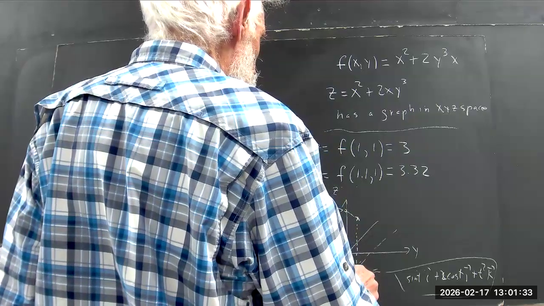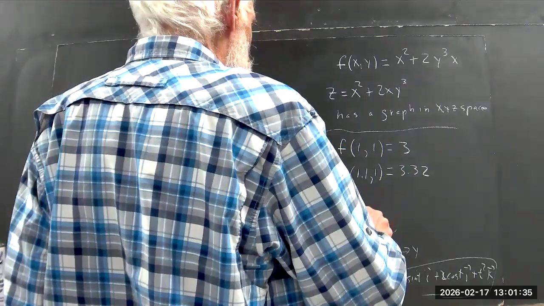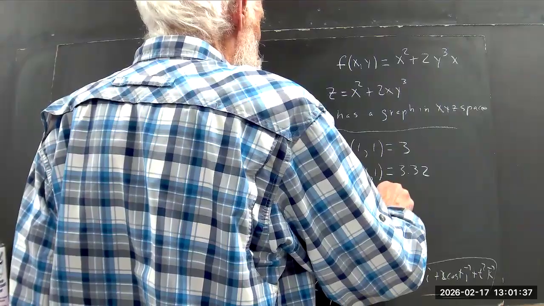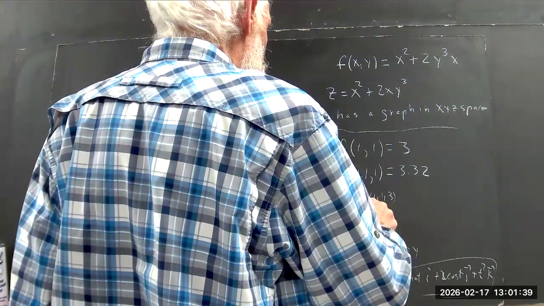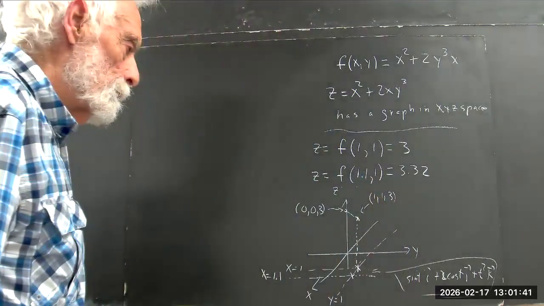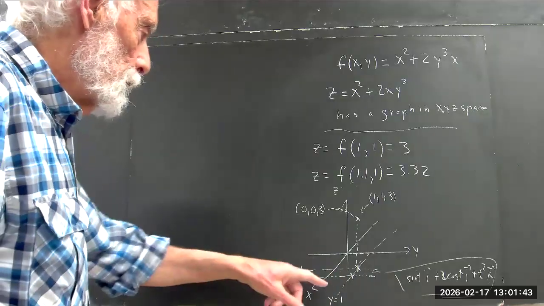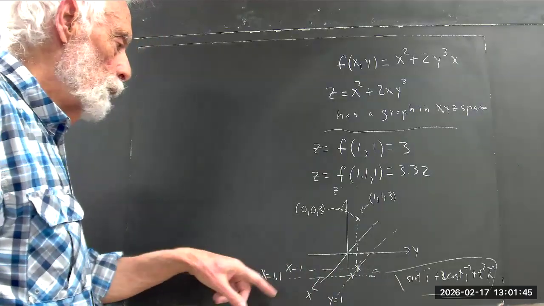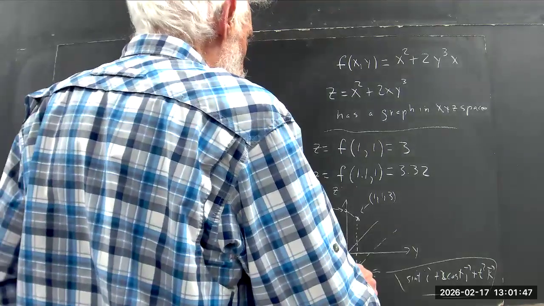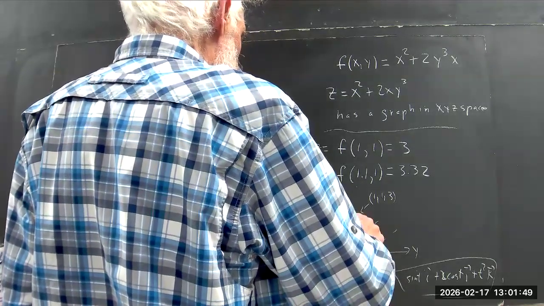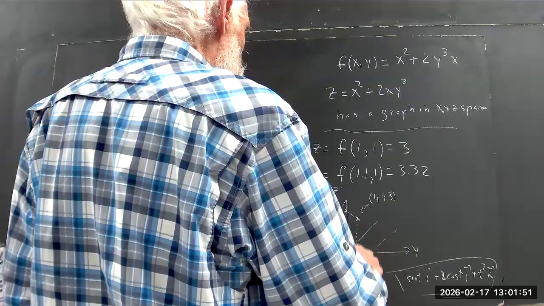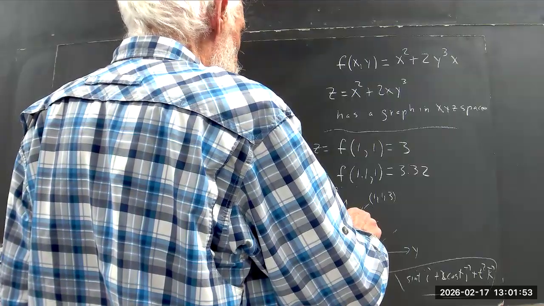So here's the point. Okay, first of all, this point up here is (1, 1, 3). Okay, now, if this is y equals 1.1, then I have to come up here 3.3 units.